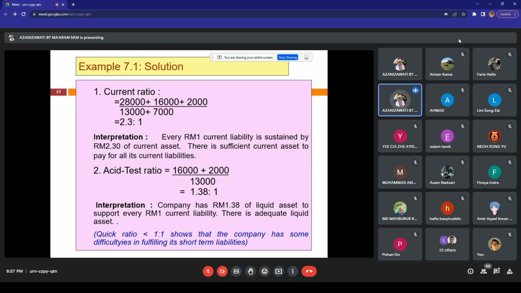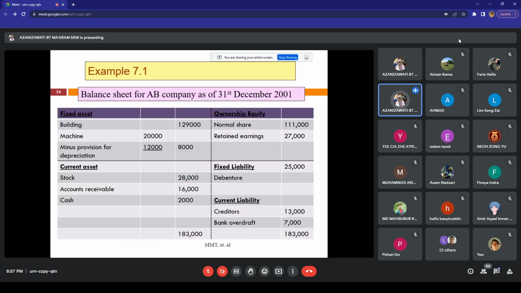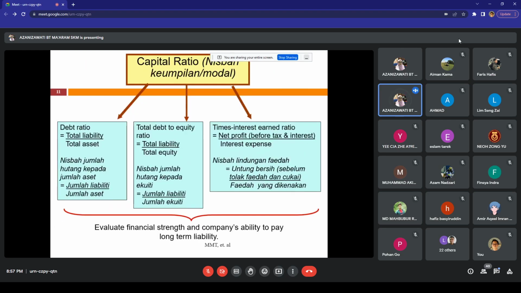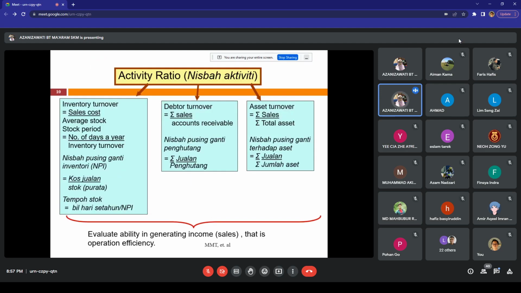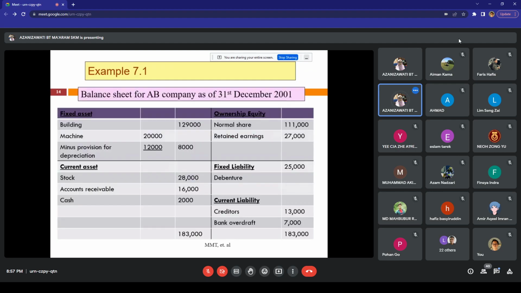So you get current asset, just now. Current asset minus end stock. So current asset, they got 16,000 minus the stock that you have, cash is 2,000.